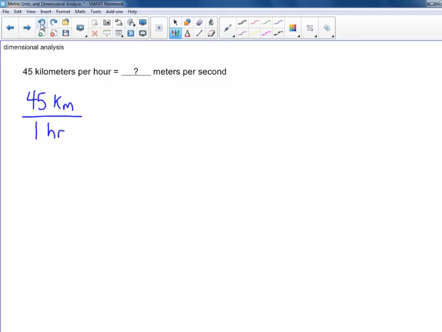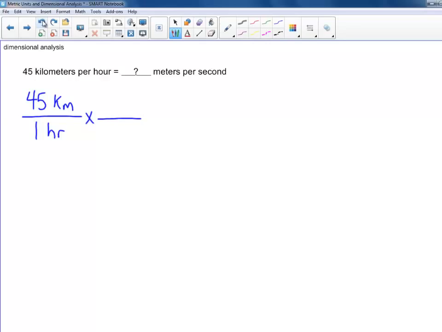That's a hard step to remember for a lot of people, but if you were to put kilometers times hours up here, 45 kilometer hours doesn't really make any sense. And so really it's 45 kilometers per hour, which means we're dividing by hours. Now the next step is to put in some conversion factors, which are statements of equal value, and they help us get from the units we have to the units we want.